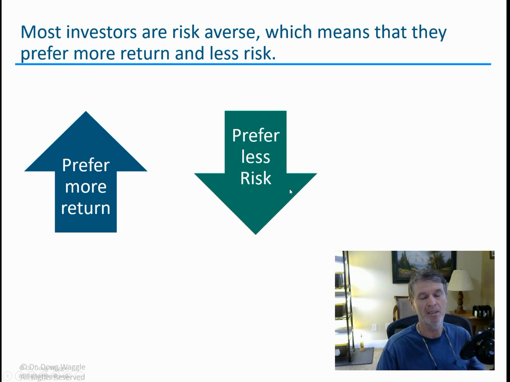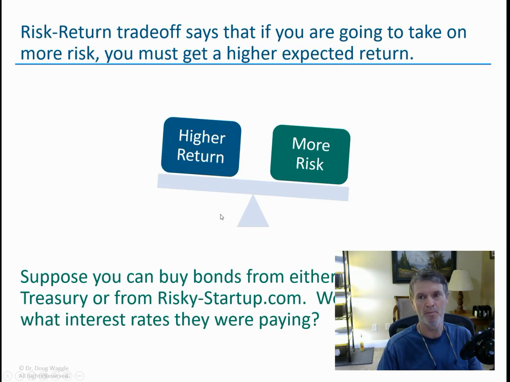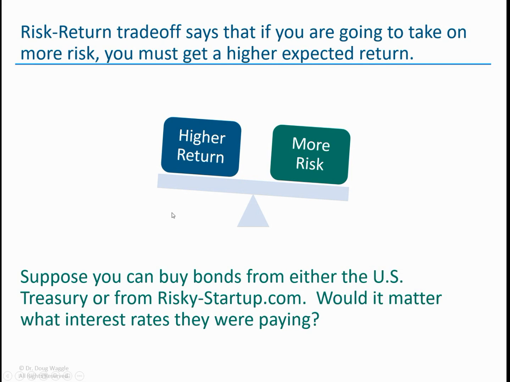We'd rather have a guaranteed payout. You can get a guaranteed payment from the U.S. government. If you buy U.S. Treasury bills or Treasury bonds, those come with very low risk, but they also come with very low return. If you want a higher return, you have to take more risk.